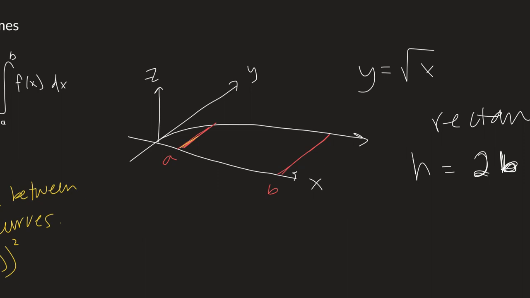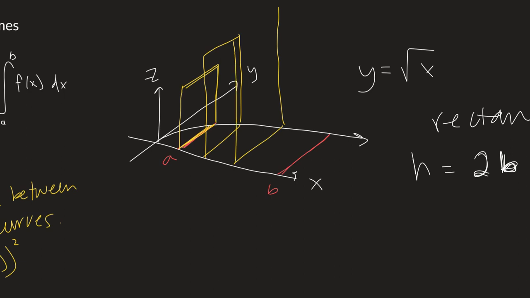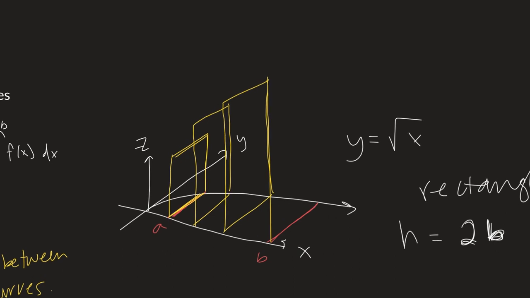So if this is my first rectangle, my height is twice as big as that first rectangle. Okay, so as I make more and more rectangles, these things are going to get taller and taller, because my y values are getting bigger and bigger as I go more and more to the x. Okay, so we're finding the volume of this thing.